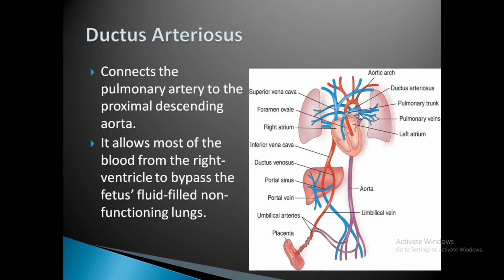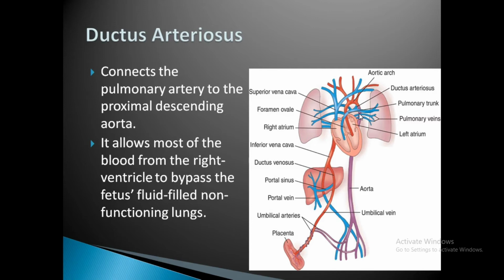It allows most of the blood from the right ventricle to bypass the fetus's fluid-filled, non-functioning lungs. So the blood passes directly into the aorta instead of passing into the lungs.